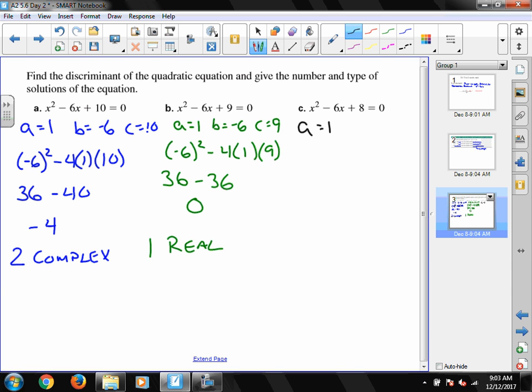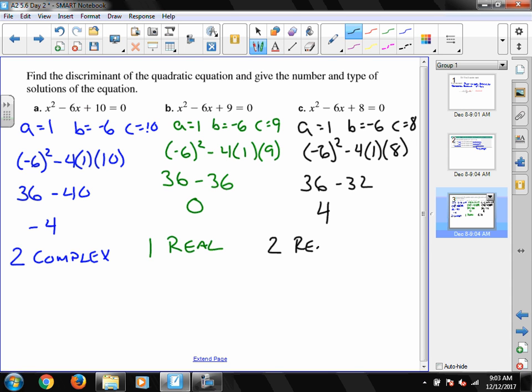A is going to be 1, B is going to be -6, and C is going to be 8. If I take -6 squared minus 4 times 1 times 8, I'm going to get 36 minus 32, which is 4. 4 is greater than 0, which means I'm going to have 2 real solutions.